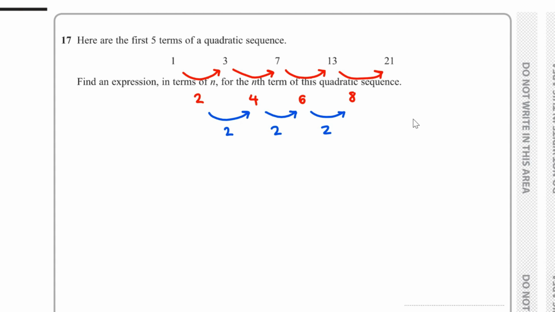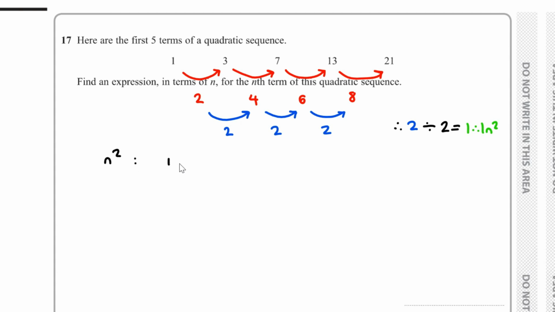And therefore, if we divide this 2 by 2, we get 1. So this means we have a 1n squared. Now, our next step is to write out the n squared terms.